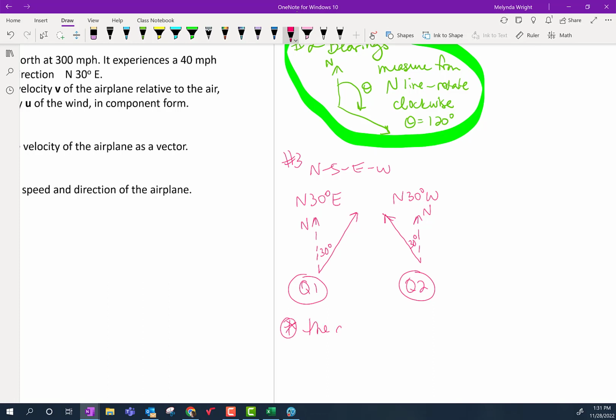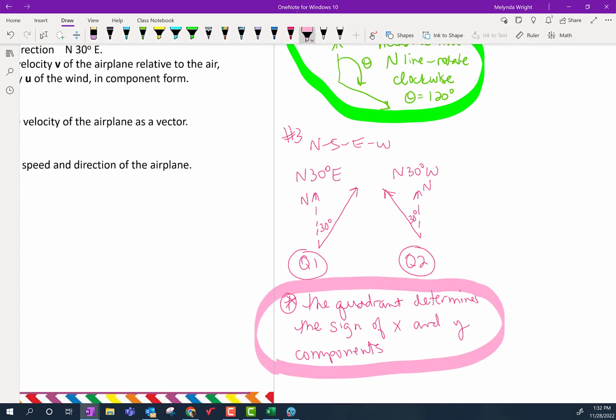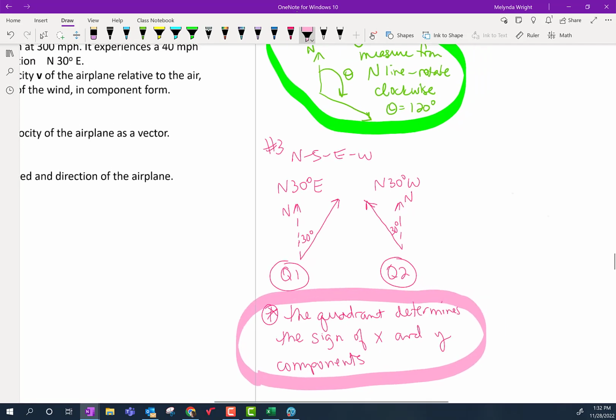The quadrant determines the sign, S-I-G-N, of X and Y components. So this is a big deal. The quadrant determines the sign of X and Y components.